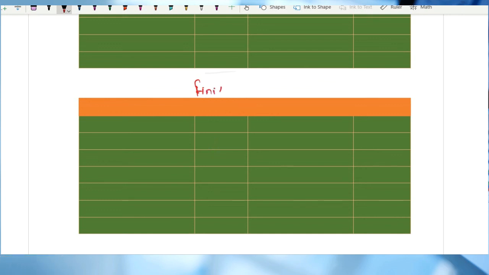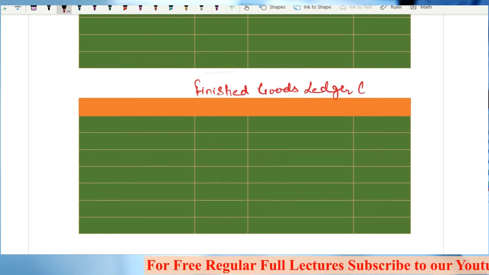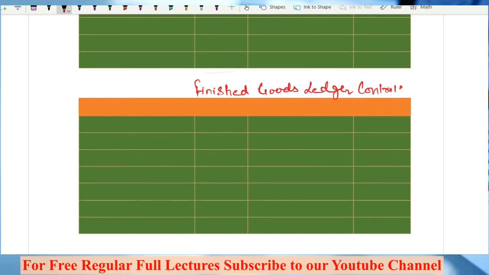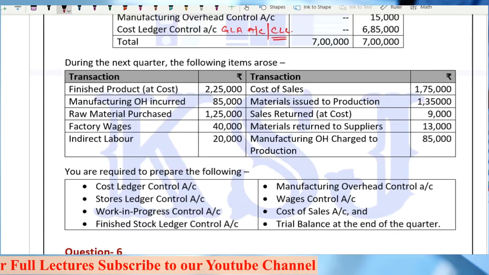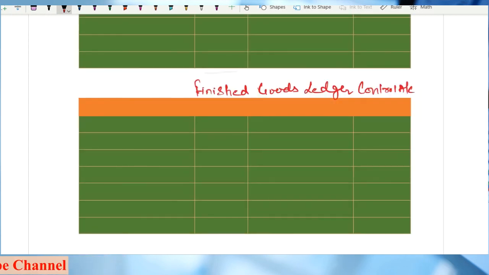Then we need manufacturing overheads, wages and cost of sales.